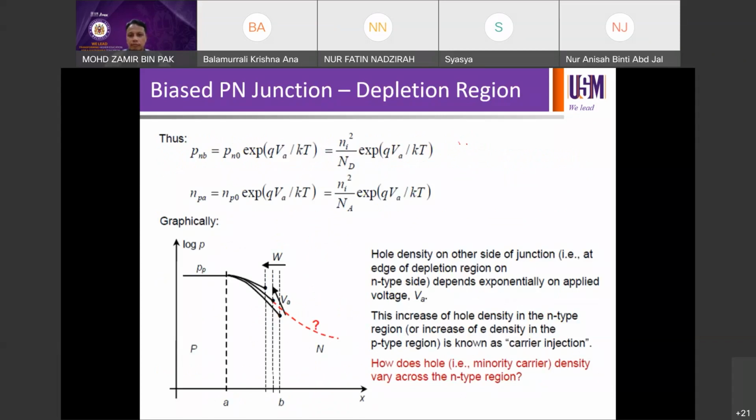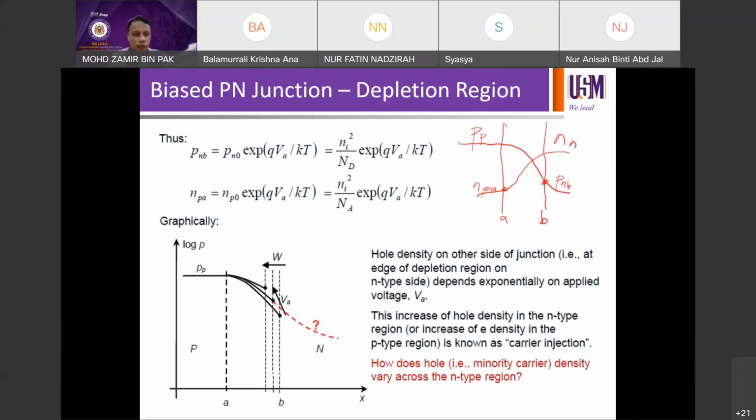So let me just do this so that it's clearer to you. pp, nn, this is point B, this is point A, pnb and npa. So your pnb here, the density of holes in n-type at point B, is given by your pn naught.